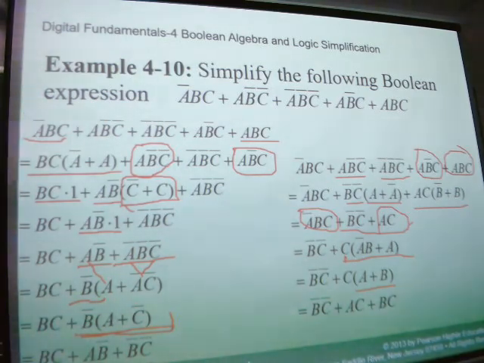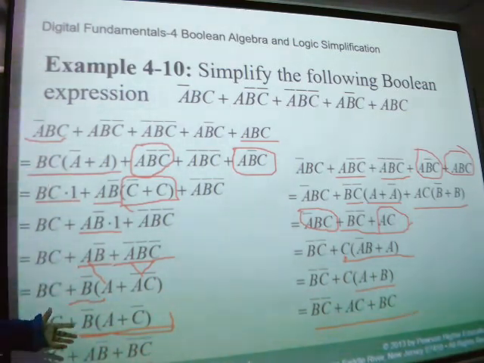Rule 11. So at last it can be written as B bar C bar plus AC plus BC. It is the other simplest form for this expression.